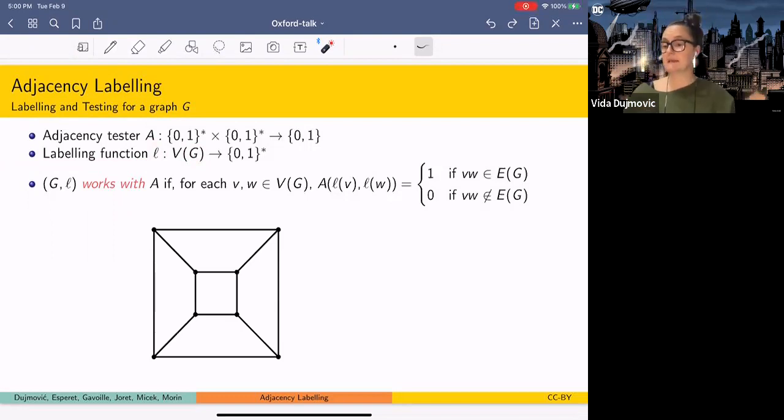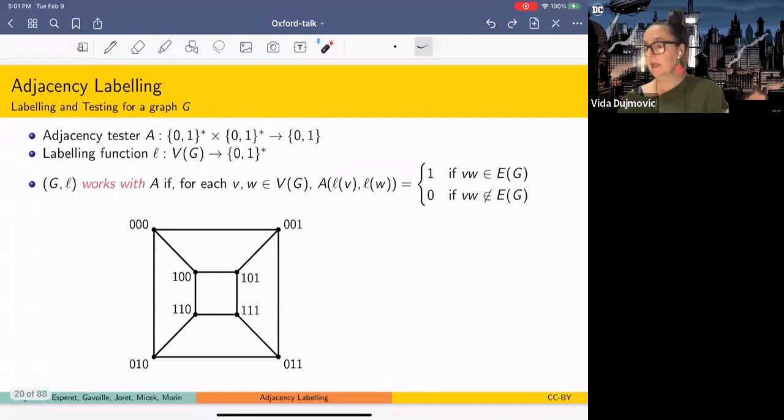So when does the labeling work, given some adjacency tester? We say that a labeling of a graph works with this adjacency tester if you give me any two vertices, and I take the two labels of those two vertices and give them to the adjacency tester, the adjacency tester tells me yes, 1, if the edge is in the graph, and gives me 0 if the edge is not in the graph.